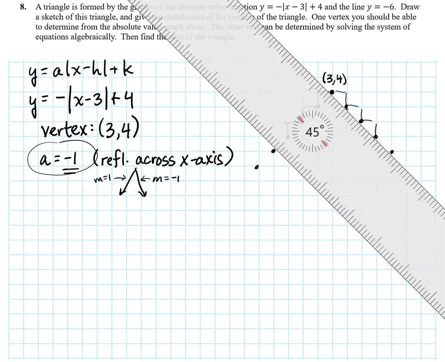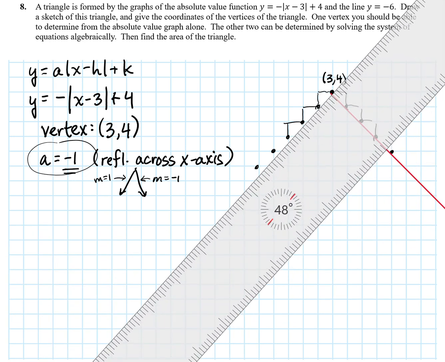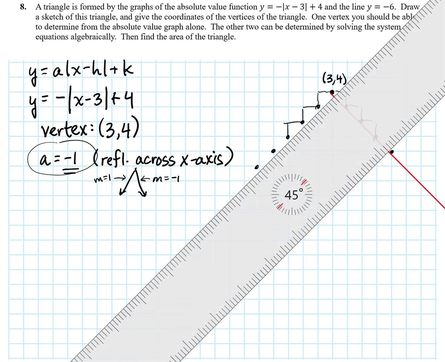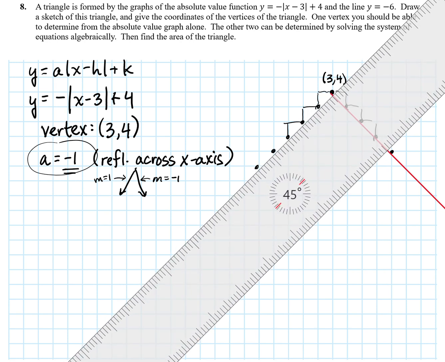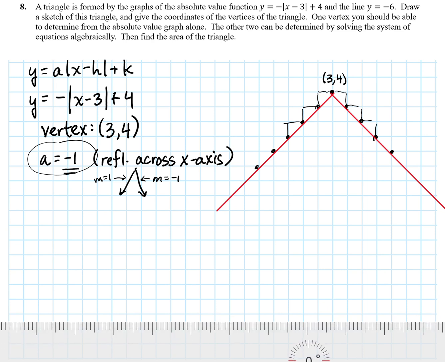So here's one of the lines. Here's the one side, and here's the other side. Okay, so there's the absolute value graph.